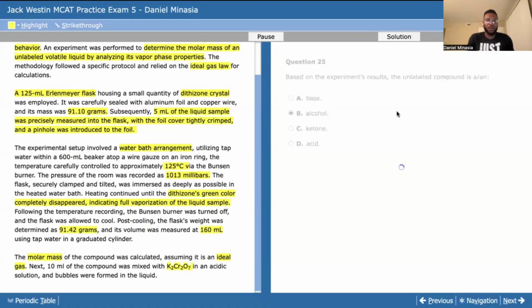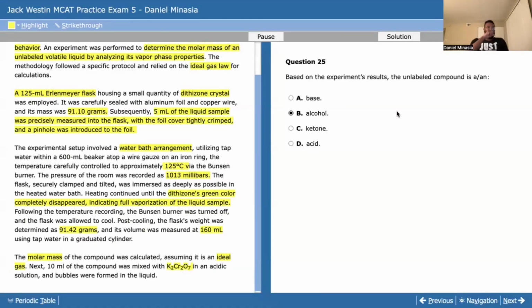Alcohol. So if we oxidize an alcohol, this is from OChem, and if you oxidize it really powerfully, you could get a carboxylic acid.